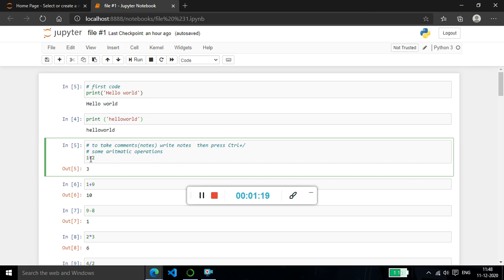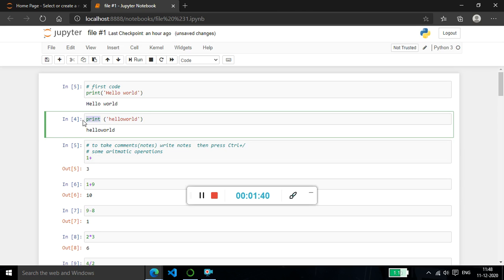Let's start. Let me put 1, shift, plus. Here 1 is highlighted in green. All the numericals are highlighted in green, and the pre-built words are also highlighted in green, so don't get confused.